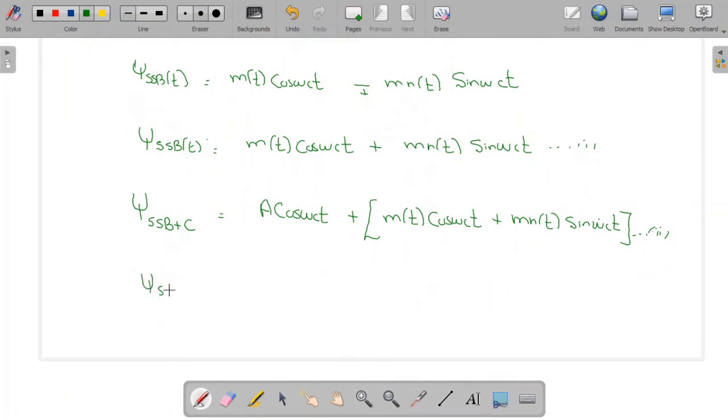I am going to write this equation as A plus m of t cosine omega ct plus m h of t sine omega ct. This is my single side band with carrier.